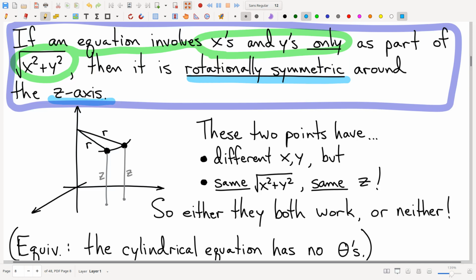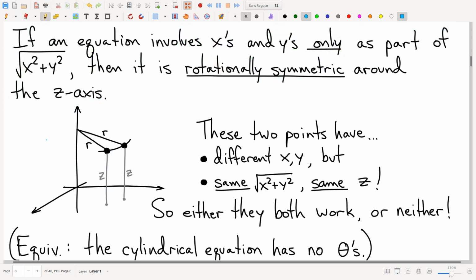Let me try to persuade you of why this is true. I'm going to give you 2 points of view on this. The most immediate way to do this, and it depends on how you look at it, is to realize that this expression really is distance from the z-axis. It's the cylindrical coordinate r, so it's distance from the z-axis.